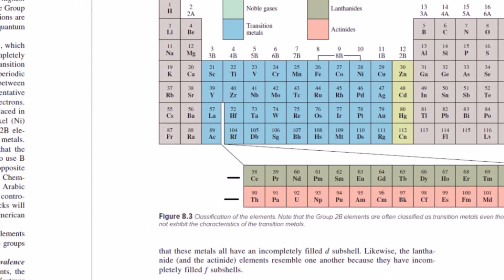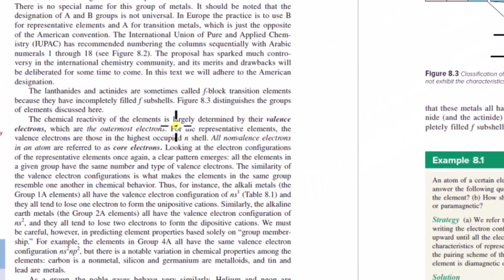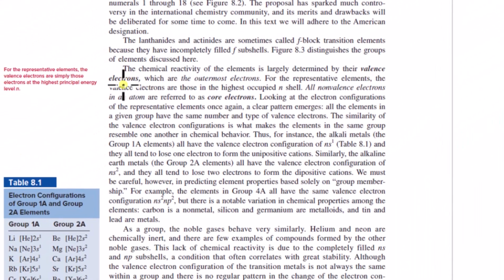Okay, the chemical reactivity of the elements is largely determined by their valence electrons, which are the outermost electrons. So here we go. We've unofficially been talking about these outermost electrons, and now we're getting a more official look at them. What's classified as the outermost electrons of an element is very important.